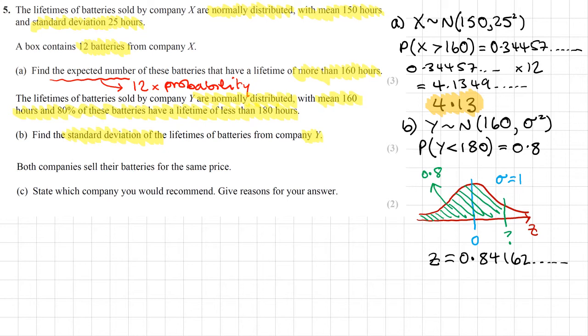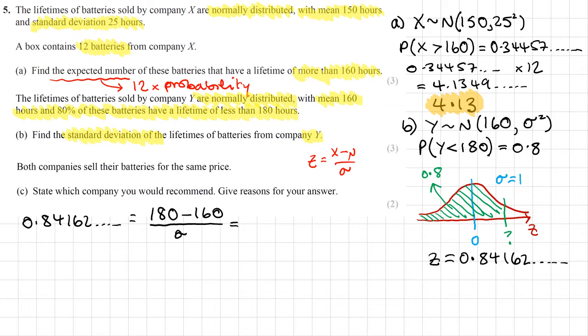I can now use that formula that I use for standardizing, which is Z is equal to X minus the mean over the standard deviation. So the equivalent Z value is 0.8416, probably that would be enough, is equal to the corresponding unstandardized value, that's 180, minus the mean, which is 160, divided by this standard deviation, which we're trying to find.